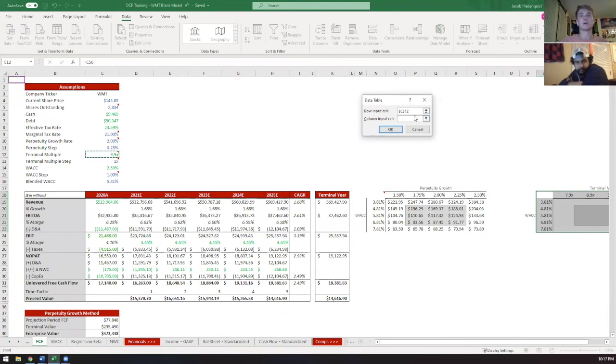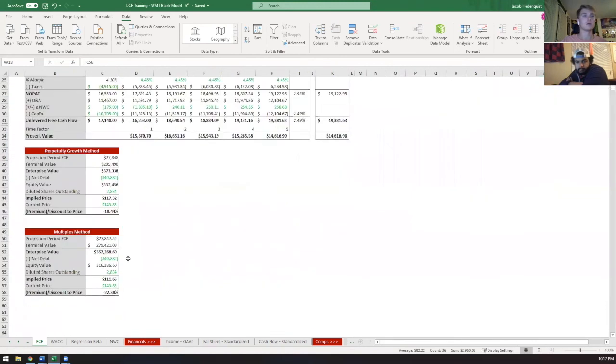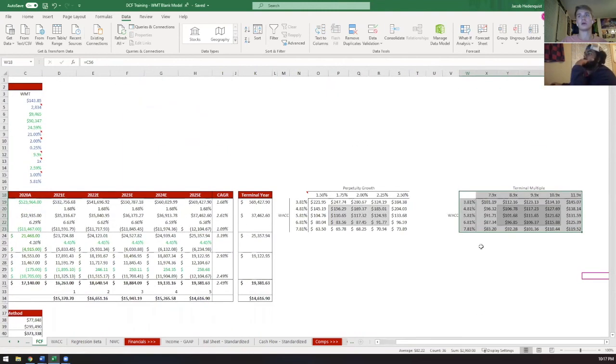That's just going to be our 9.9 times multiple. Column input is going to be this blended WACC. And just to check here again, 111.65 in the center, 111.65 there. So we are good to go on our sensitivity tables.